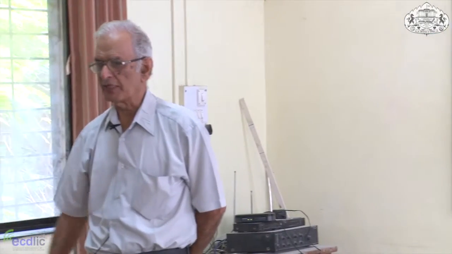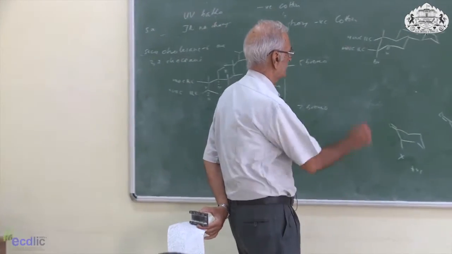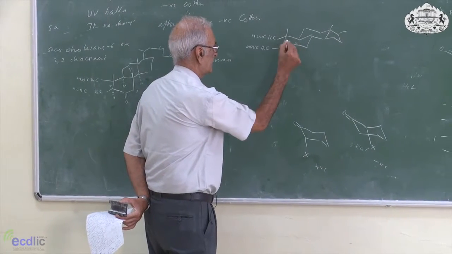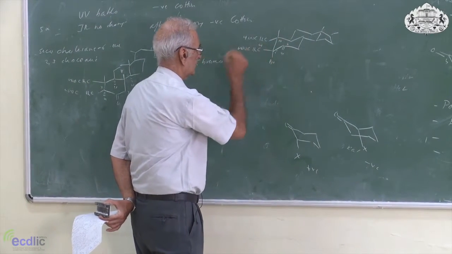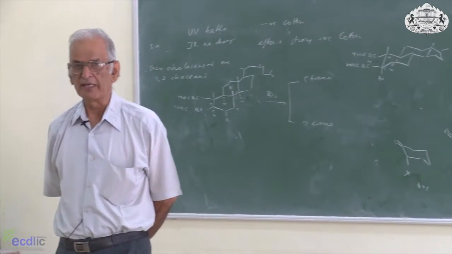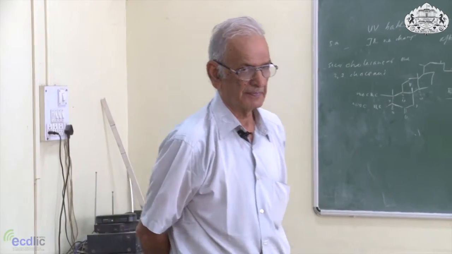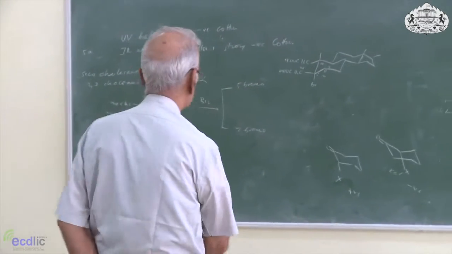Before I put the ketone at the head of the chair, I must determine the absolute configuration for this. Five, 6, 10, 4. So, what's the priority order?